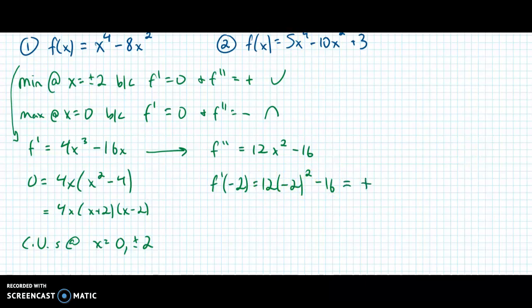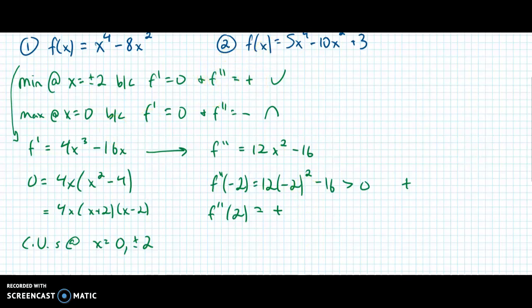The better way to do it would probably be to say that that is greater than 0, but it's fine to just say it's positive. And then f double prime of a positive 2 is the same thing. It's positive, right? And what I've done there is verified this right here.